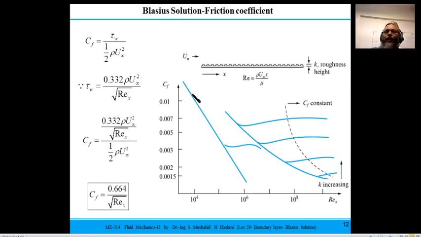So that was the same inverse relationship. As you increase the Reynolds number, your friction coefficient decreases. So for the external flow problems, that is the flat plate, your friction coefficient, which is defined by this equation, also behaves in a similar manner.